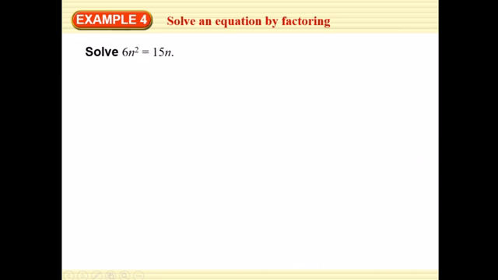Alright, so solving 6n squared equals 15n. This time, we do need to put it into standard form. So one note that we should take is get all terms on one side.